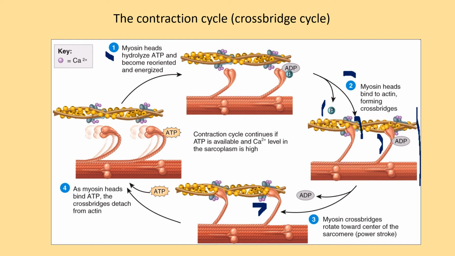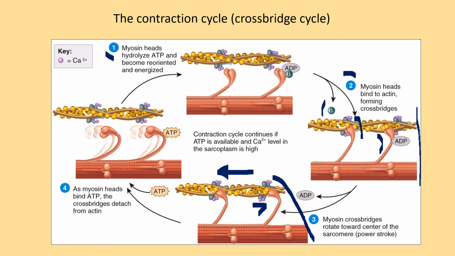Here they're lined up, and here they're not lined up anymore, because the myosin head has physically pushed the thin filament in this direction, and we can assume that the M line, the middle of the sarcomere, is in that direction. All right, so in going from step two to step three, we perform a power stroke. And then in going from step three to step four, we break cross bridges.